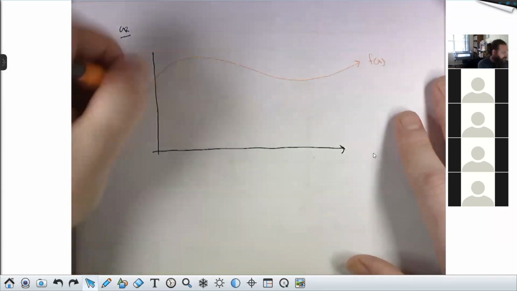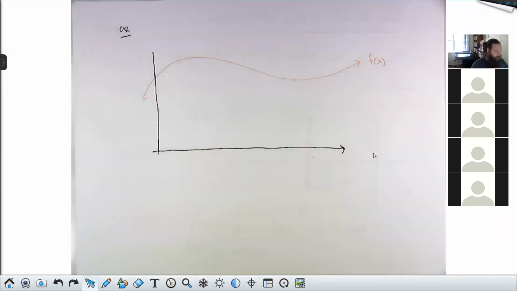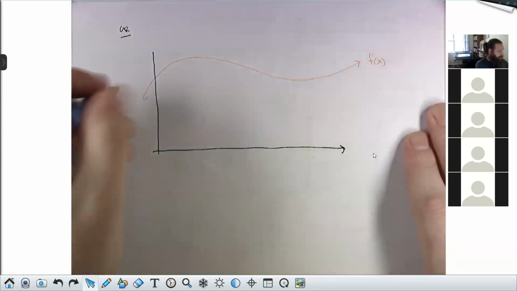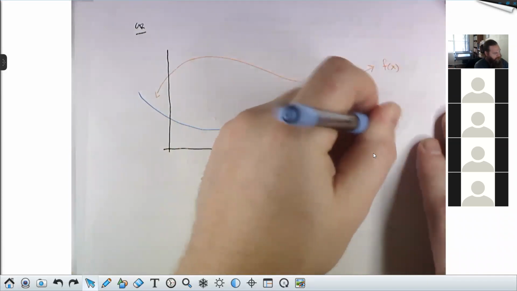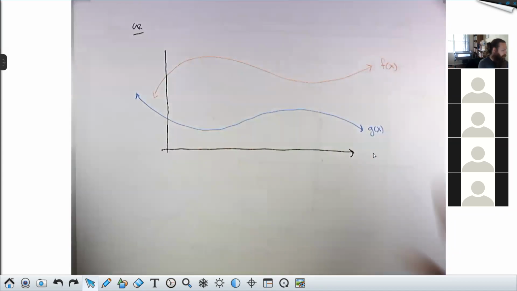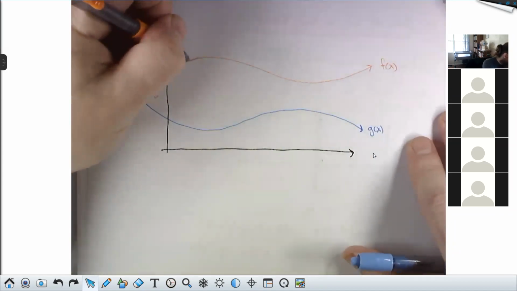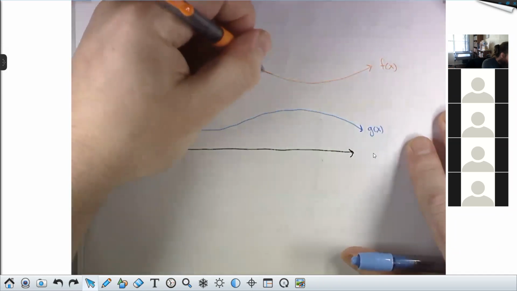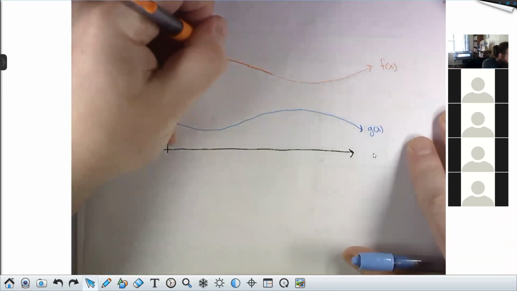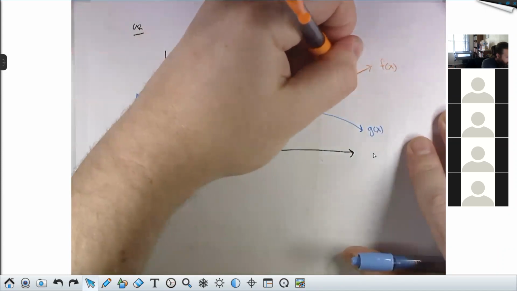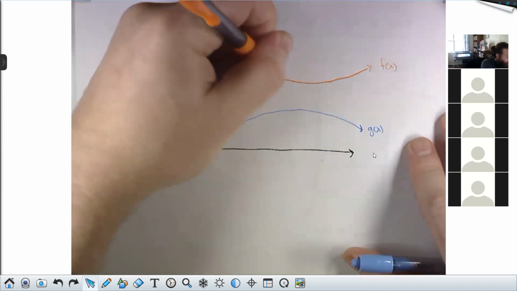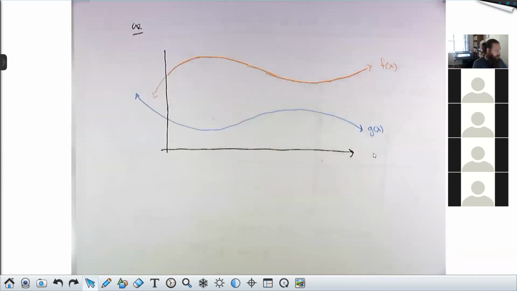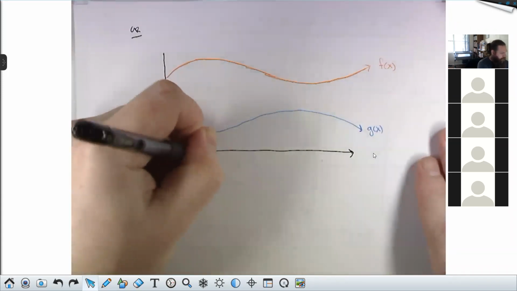Here's f of x. Here's g of x. That's orange is dying. Here's how this was first explained to me, and then I had to accept the more general case down the road. Here's A and here's B.